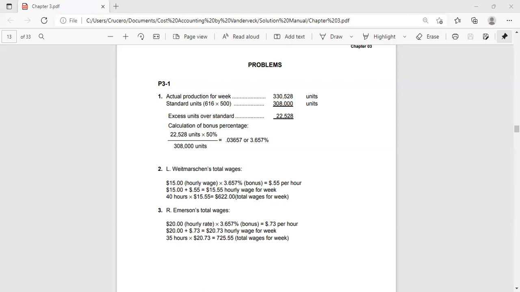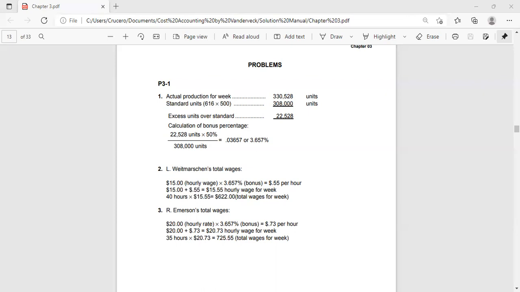So that's equivalent to 0.73. So now the total wages is equal to the bonus of 0.73 per hour.